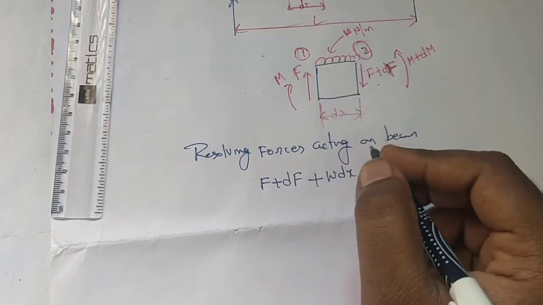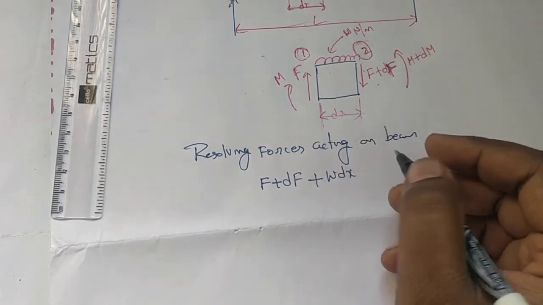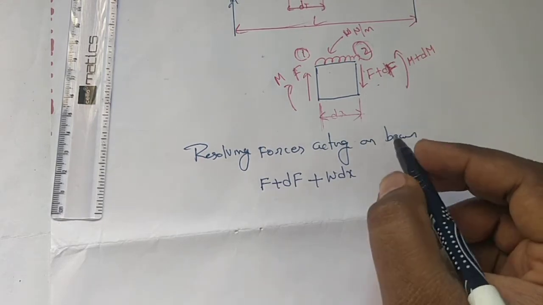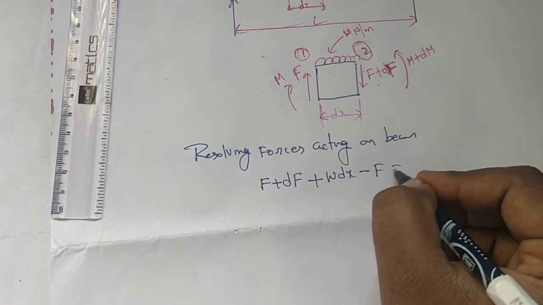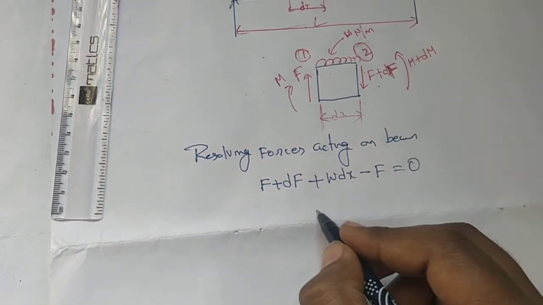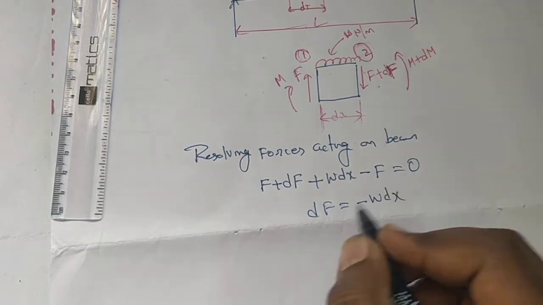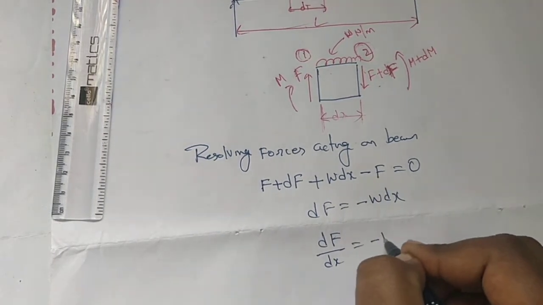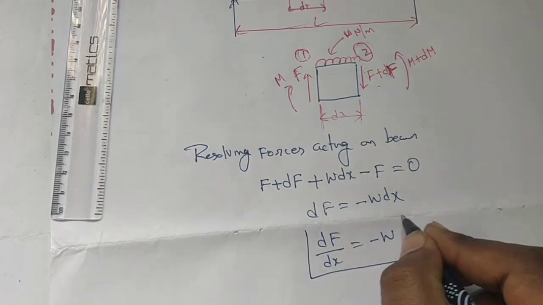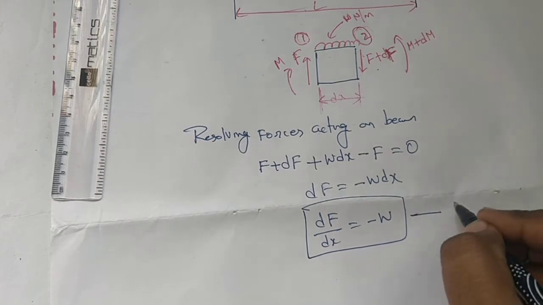Next, at section 1 the shear force is acting upwards, so it is taken as minus F, that equals 0. From this, dF is equal to minus W dx. Finally, dF by dx is equal to minus W. This is the relation between load and shear force. Equation 1.